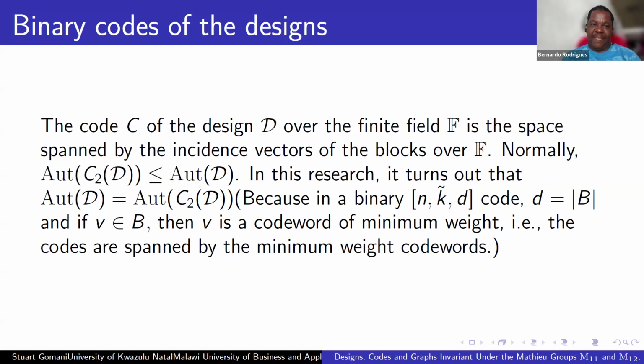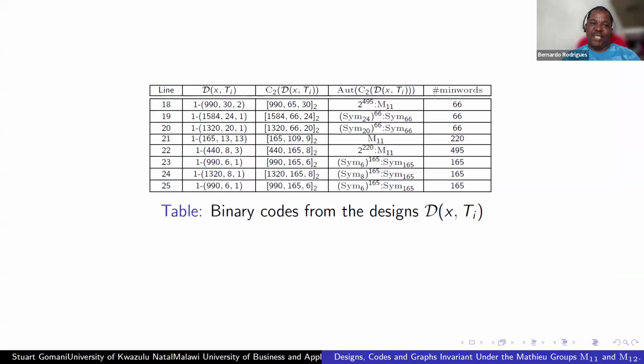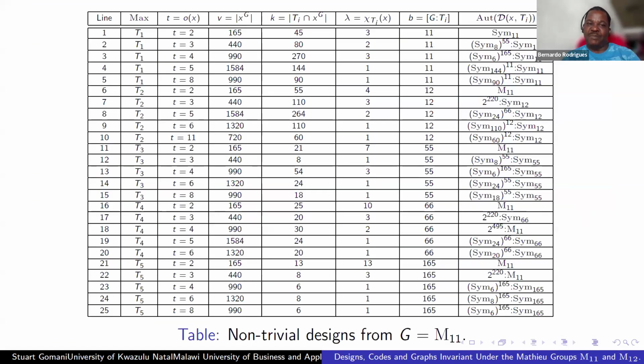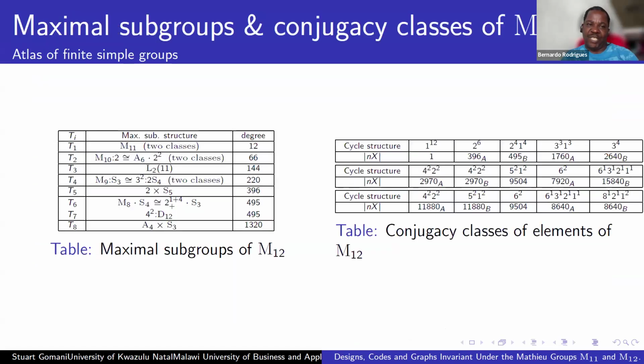If you notice in the table that Stuart indicated, the table of maximal subgroups, you will see that M11 is a maximal subgroup of M12. But that doesn't stop there.